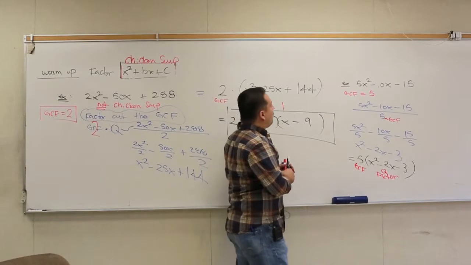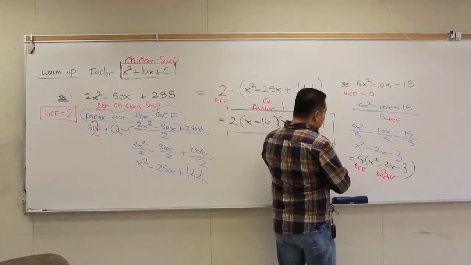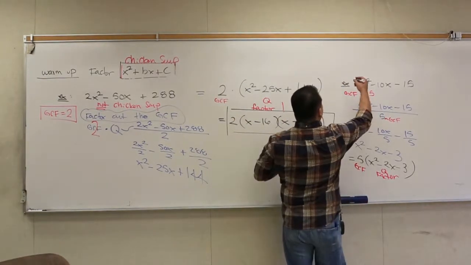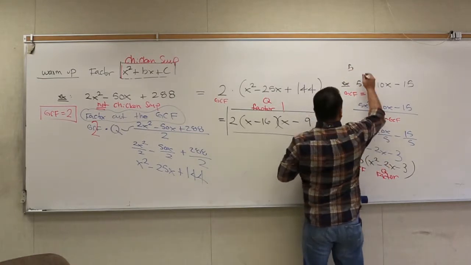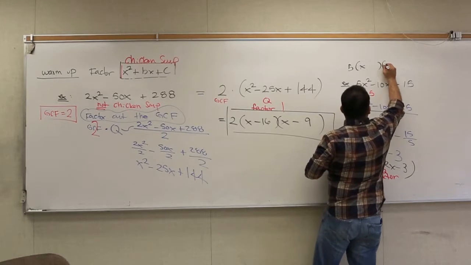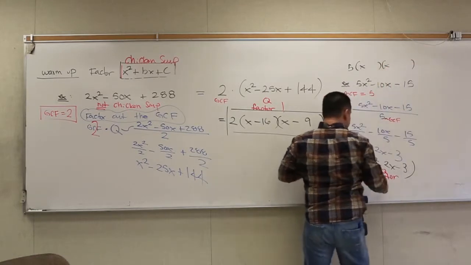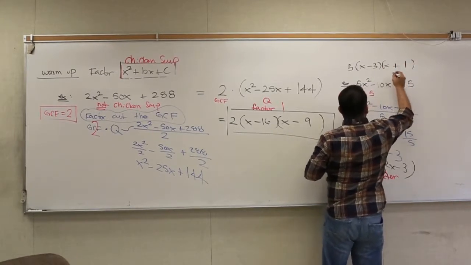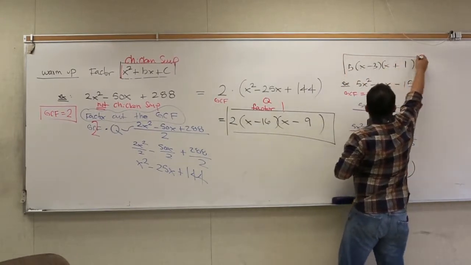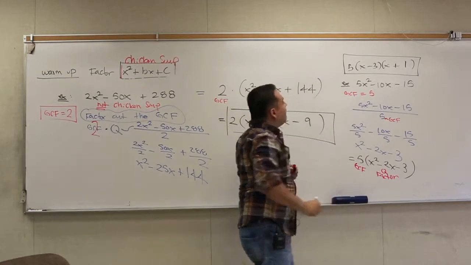Okay? And so, let me do this. Let me write this answer on top here. It's going to be 5. Okay, what did you do when you factored this? X, what else? I think, wasn't that x minus 3, x plus 1? You're done with your factoring strategy.